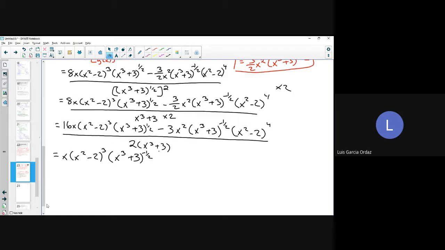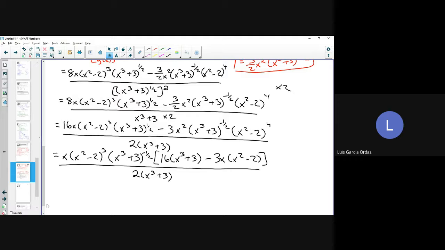And what's left on the inside would be 16 times x cubed plus 3 minus 3x times x squared minus 2 all over 2 times x cubed plus 3. If you guys want to check if the factor works out, you can just expand again and see that it is a common factor between those two expressions.